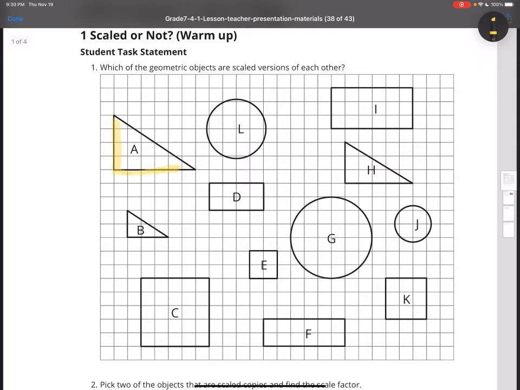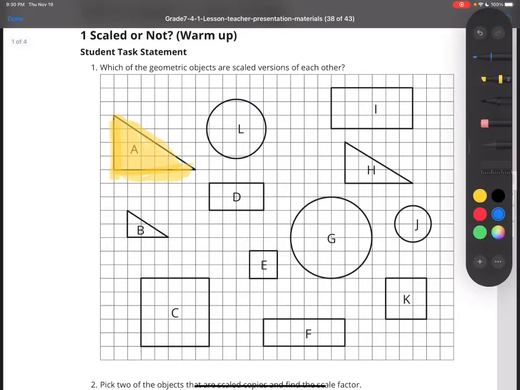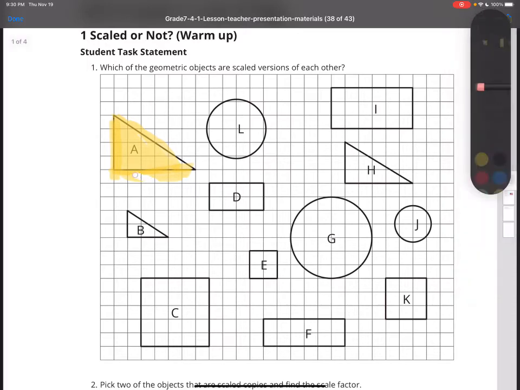and I'm going to highlight that in yellow. Now for A, I can write down the dimensions on the side because remember, when I taught scale copies to you guys, I told you anytime you see a grid, it's used for graphing or as a tool of measurement. In this case, we're going to use it as a tool of measurement.